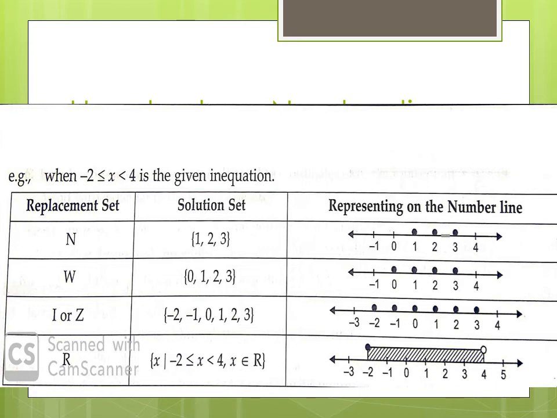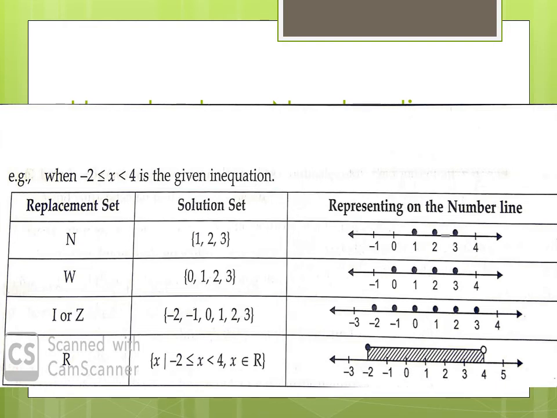And how do we represent this on the number line? We just need to draw a number line. You have to be very careful. Zero, one negative number and one positive number should always be there on the number line, and two arrowheads on both sides. In the case of natural numbers, we simply make dots on the solution set numbers: 1, 2, 3.